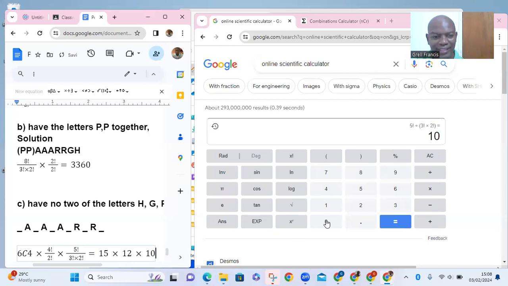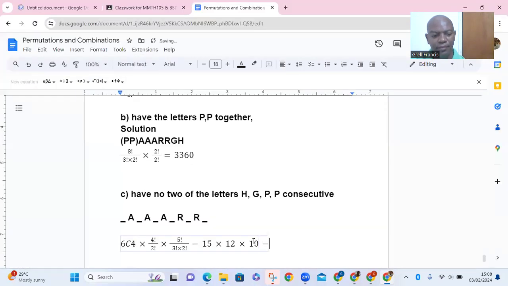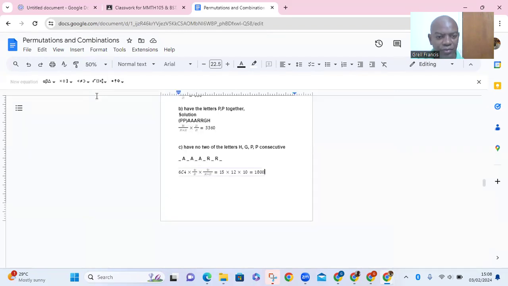So we've got 10 times 12 multiplied by 15, and that gives us 1800. So here's our solution to this example.